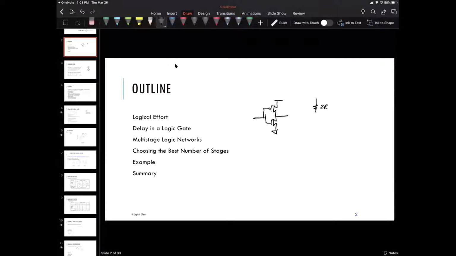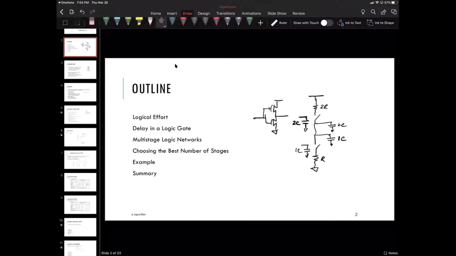So this ended up being 2 times unit resistor for the P, switch, capacitance for the P, and then capacitance for the N is 1C, and then a switch and a resistance of the N. Okay, and then we had the gate capacitance for the P and the gate capacitance for the N.